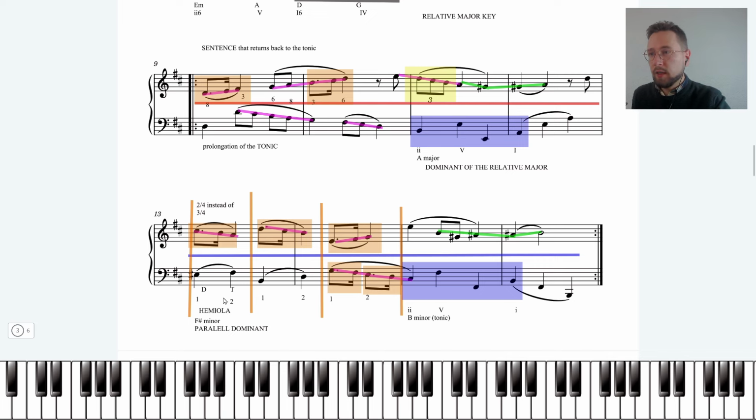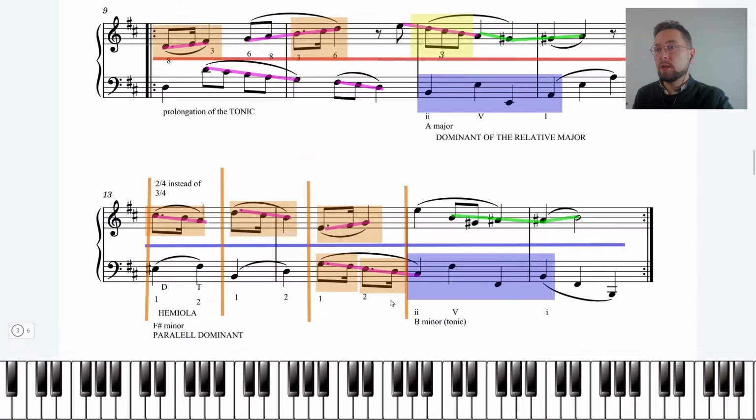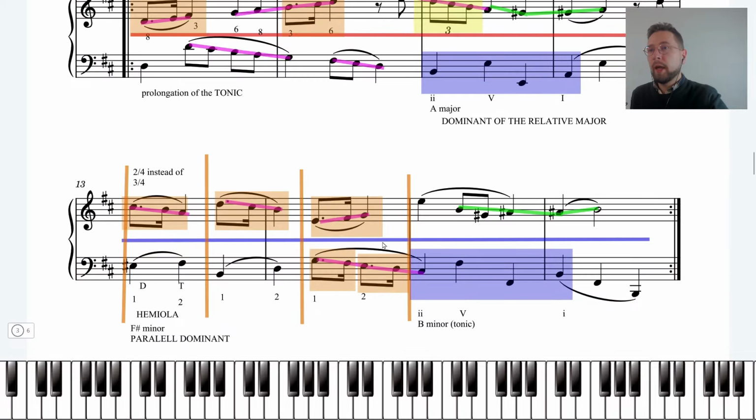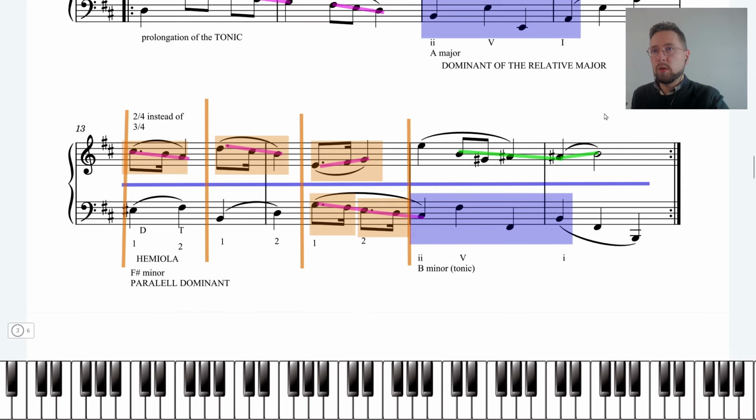And after that hemiola, what we can see is a little bit of a circle of fifths that takes us back to E, which is in a way a good point of return for going back to B. So we have F sharp that basically moves to B, and then we have E.